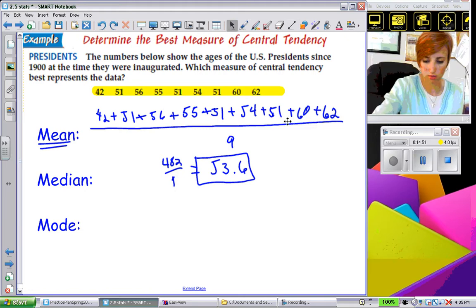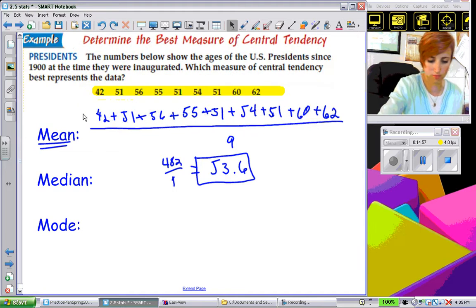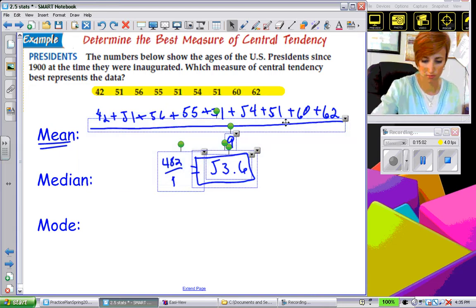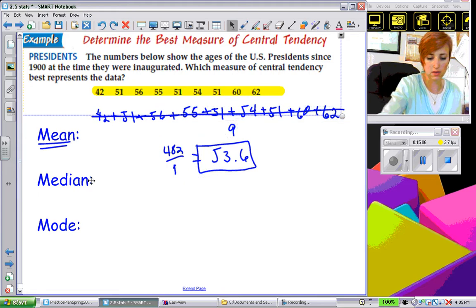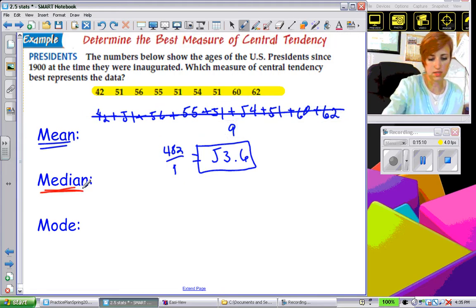Let's scoot this all over just a little bit, so give myself some room. Alright, so now we're off to the median. The median wants the numbers in order from least to greatest. So we're going to find our youngest age is 42.